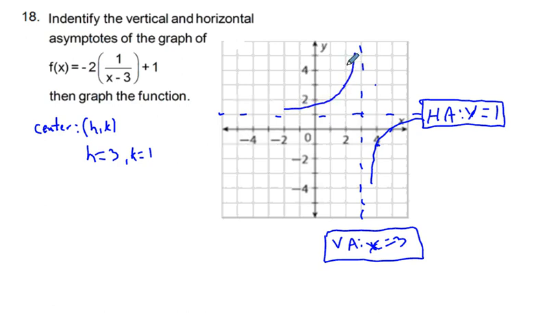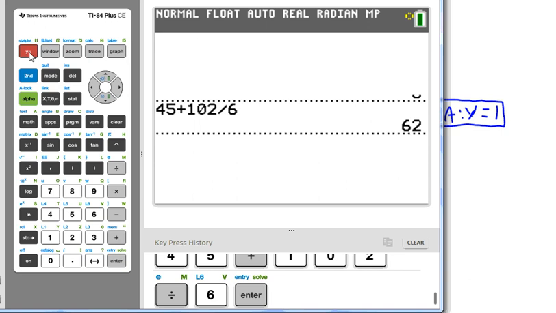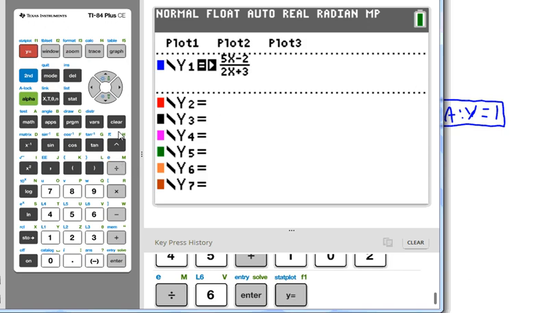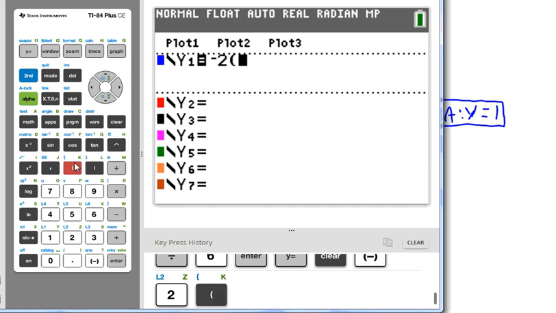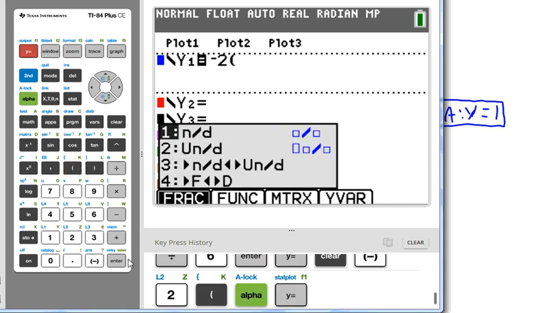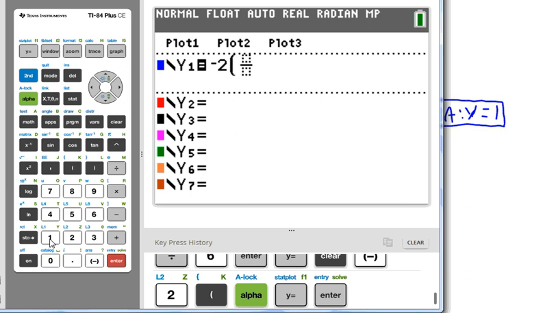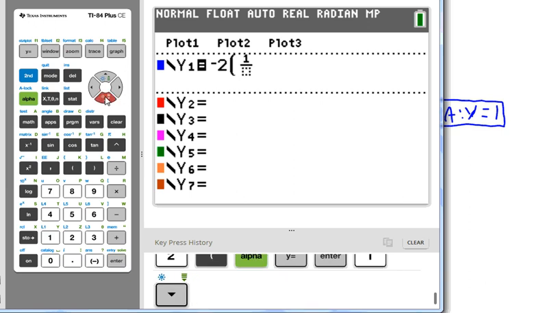And we're fortunate to be able to graph this in our calculator. So we come here. We have negative 2 times 1 over x minus 3.